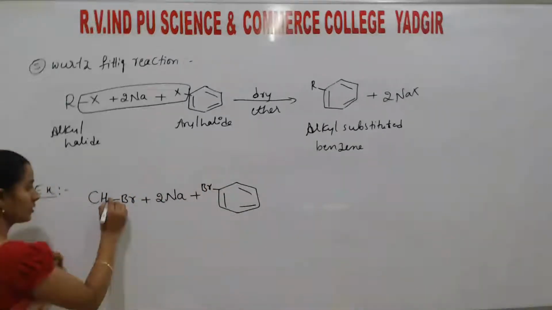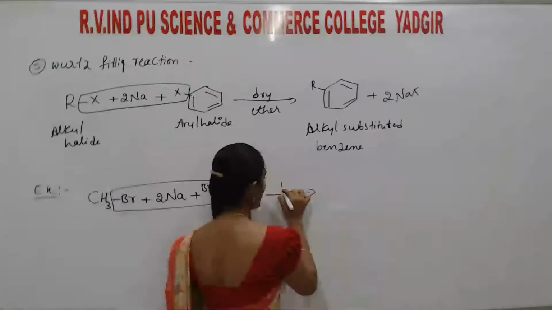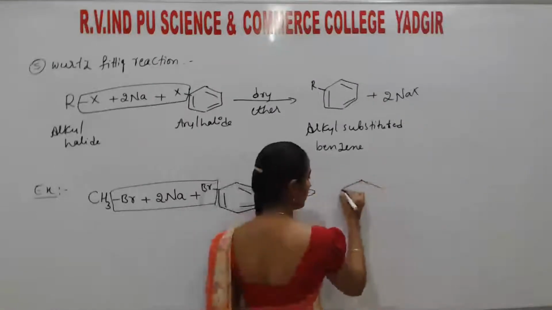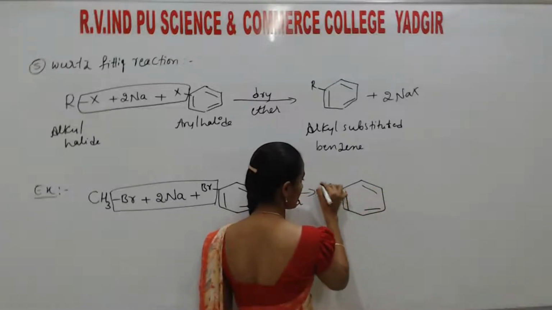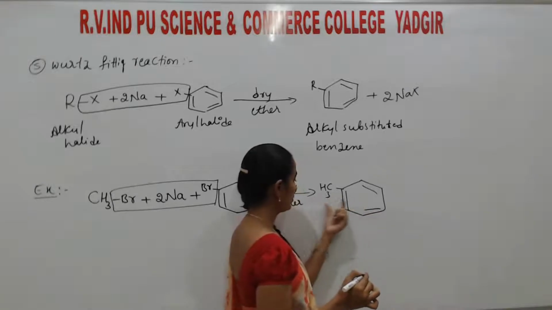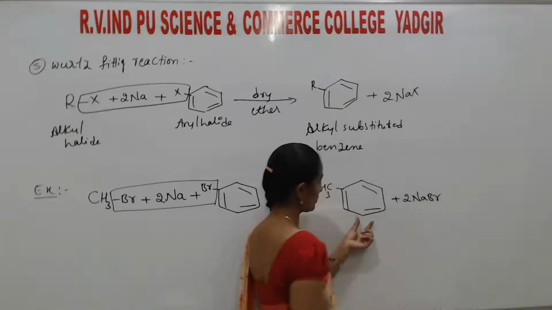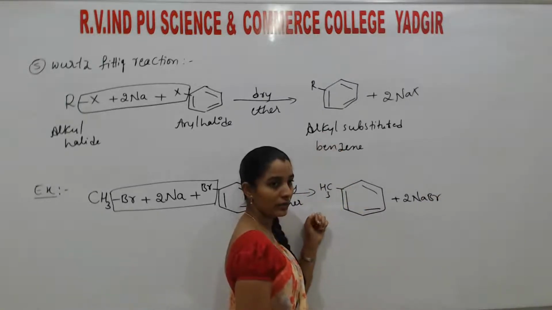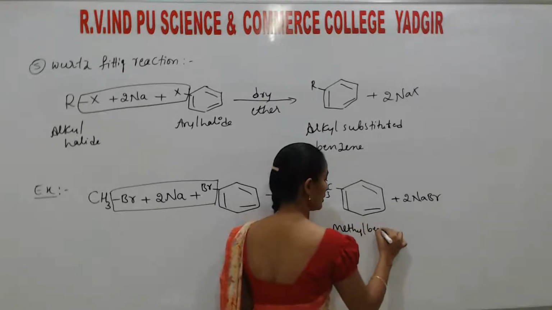So students, here the product formed, in the presence of dry ether, is the benzene ring to which CH3 is attached. What is the name of this compound? Which one is the alkyl here? Methyl benzene.